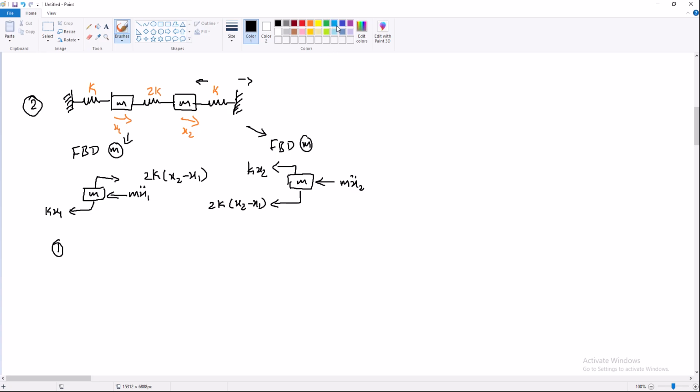So to write that, I will consider this one. In this direction it is plus, in this direction it is minus. So m x1 double dot plus k x1, right, and this is minus 2k times x2 minus x1, which is equal to 0.